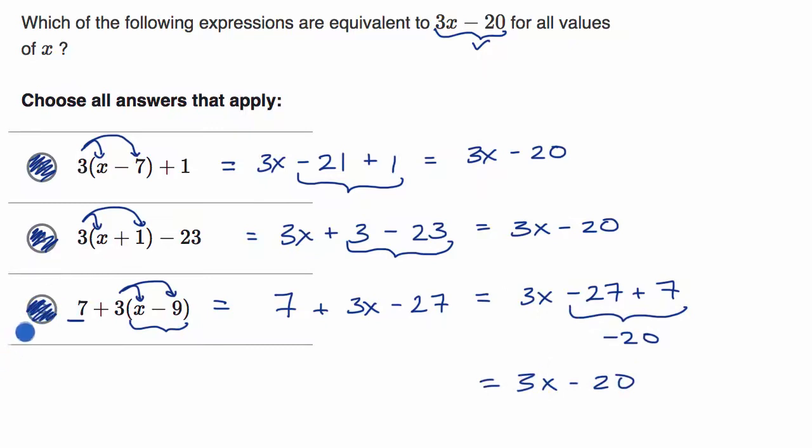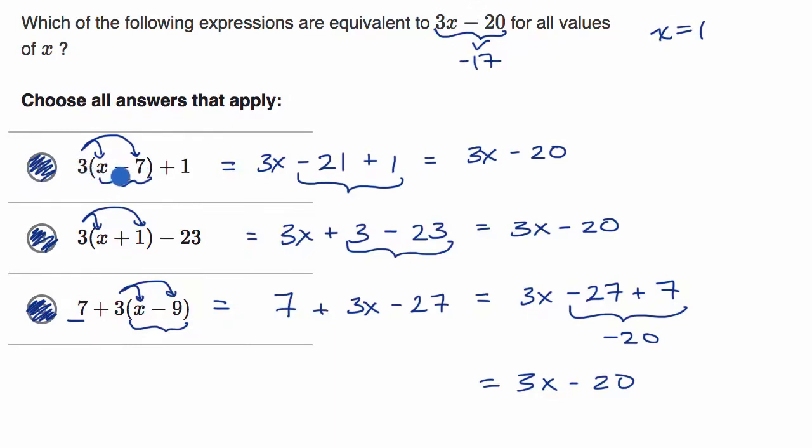Now, another way that you could have done it, as I mentioned, that actually would be less robust, is to just try out values. So you said, okay, let me just see what happens when x is equal to 1. So if x is equal to 1, then this one right over here would be 3 times 1 minus 20, which would be negative 17. And then over here, you would have 3 times 1 minus 7, so that would be negative 6.